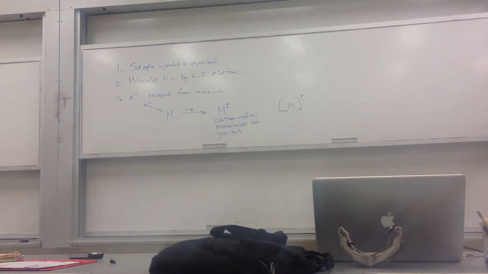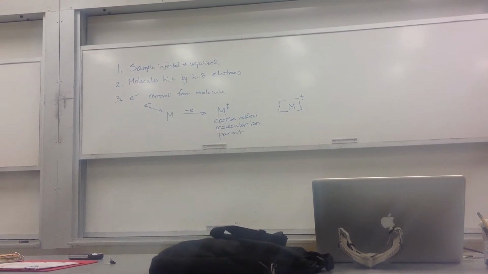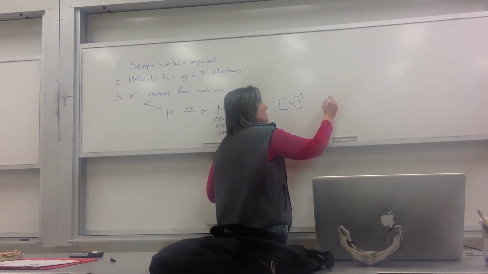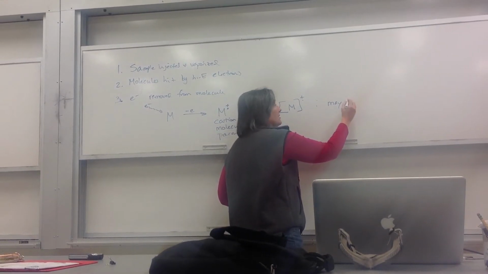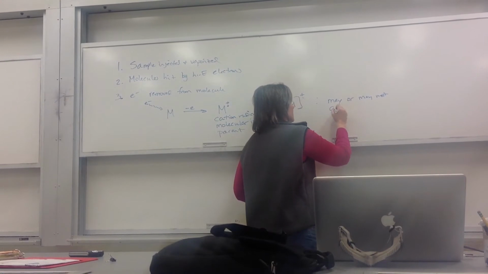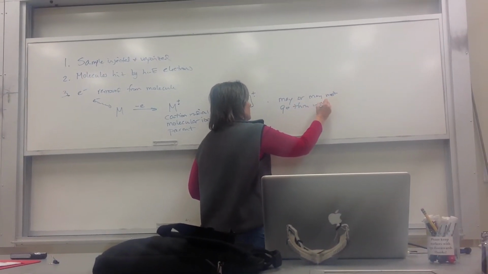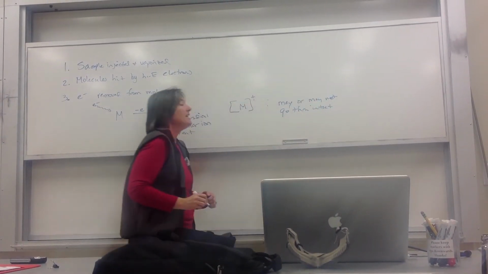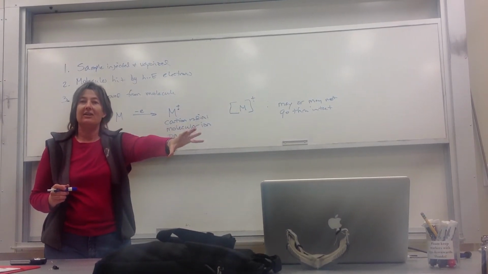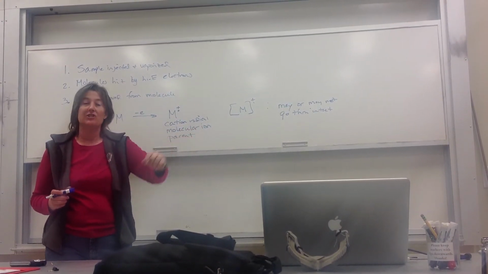All right, so we have our parent. It has a charge. And this guy may or may not go through the instrument intact. If it goes through intact and flies out the end, it gets counted and it shows up as a peak.